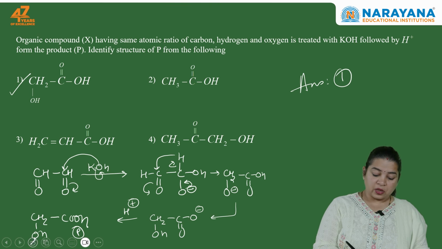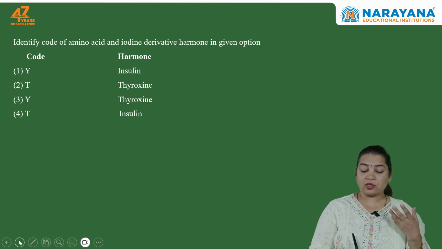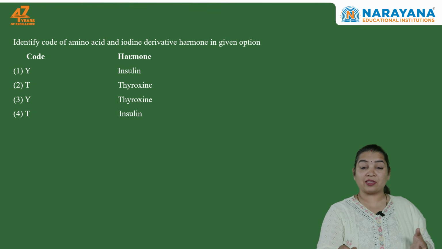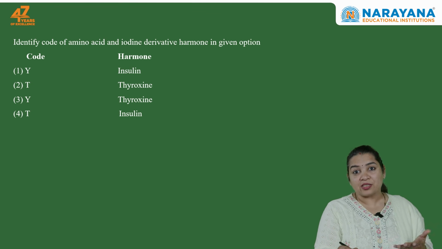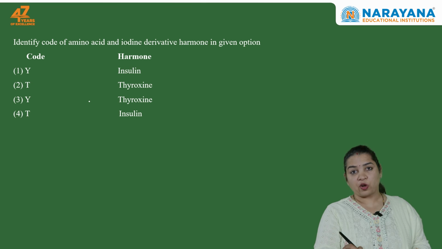Okay, so that was our second question. Third, now this is a killer. Identify the code of the amino acid. Now, remembering 20 amino acid codes is itself a tough job, and also an iodine derivative hormone in the given options.